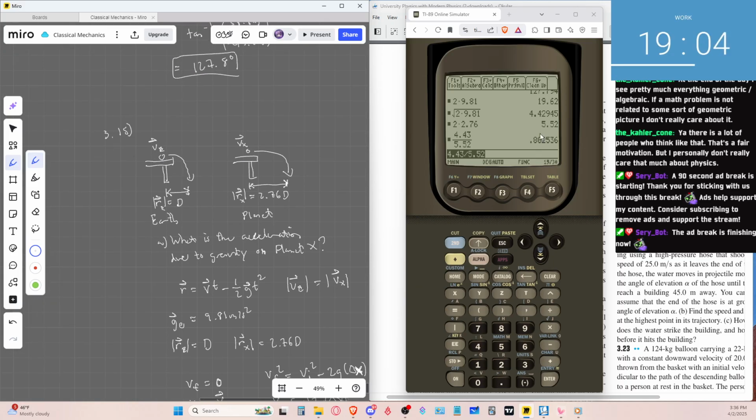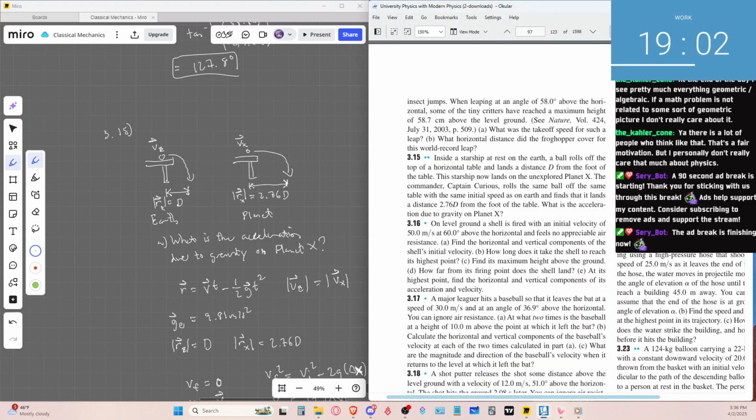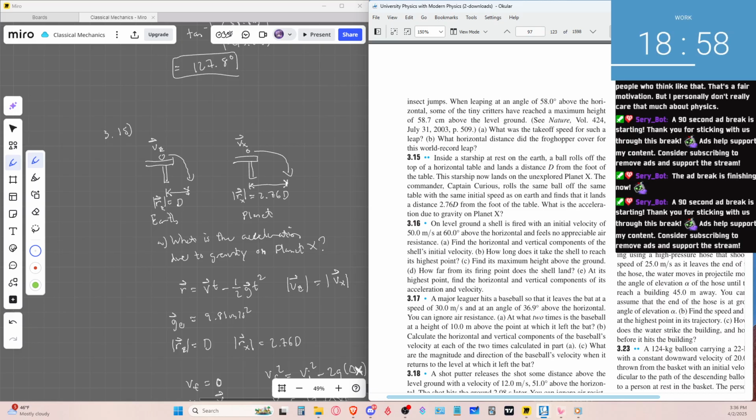Because I don't know if the problem states how high the table is. Rolls off and lands a... Yeah, and the ship now lands on an export. So yeah, they don't tell you the table's height.